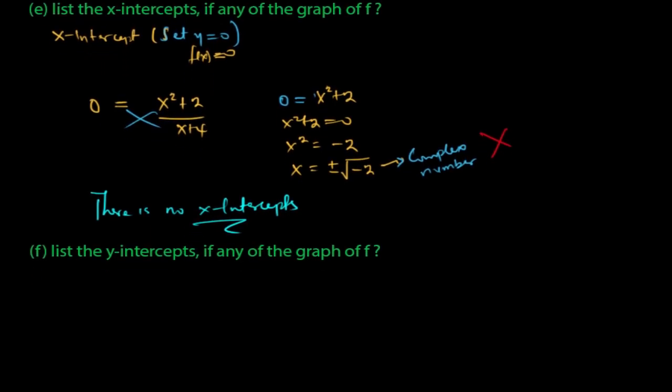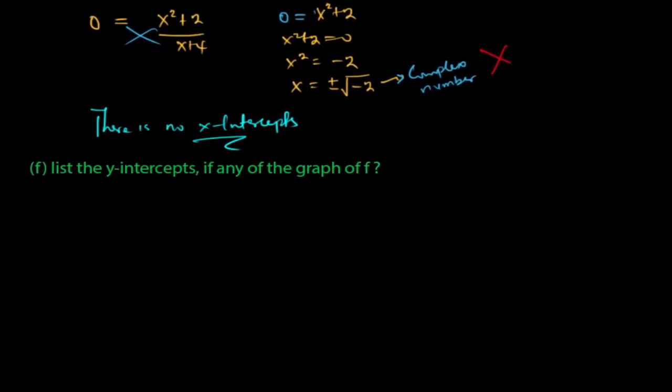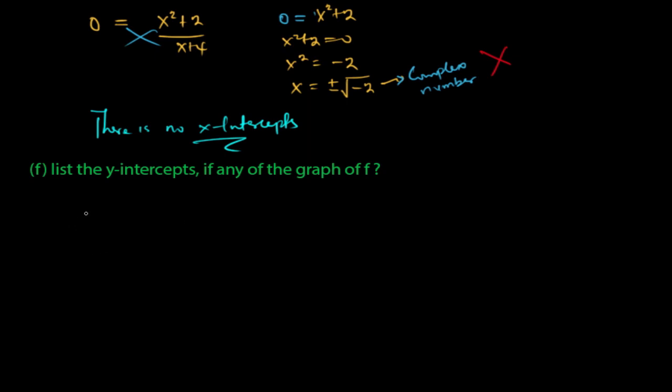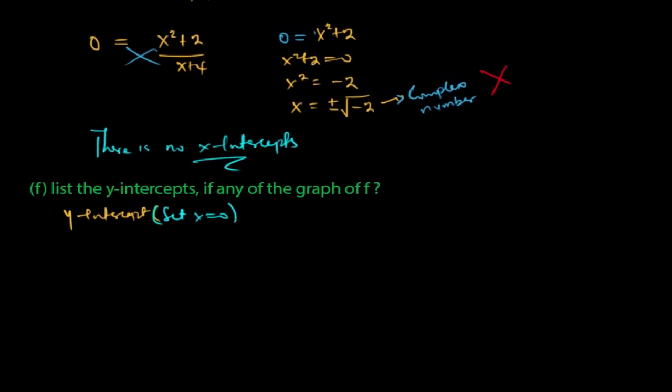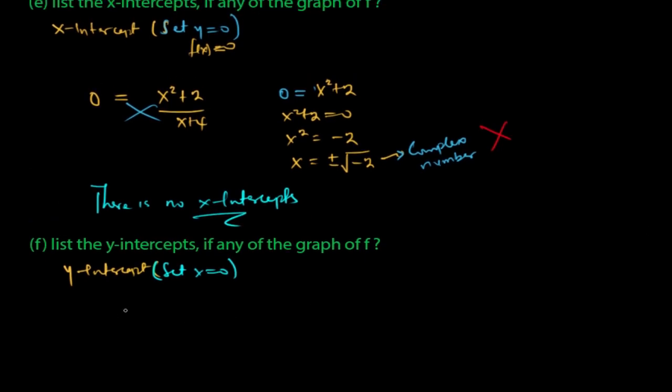So let's go ahead and see if we can find the y-intercept. Similarly, to find the y-intercept, we would set x to be 0. That's what you do. The function we're given is f of x equals x squared plus 2 divided by x plus 4.